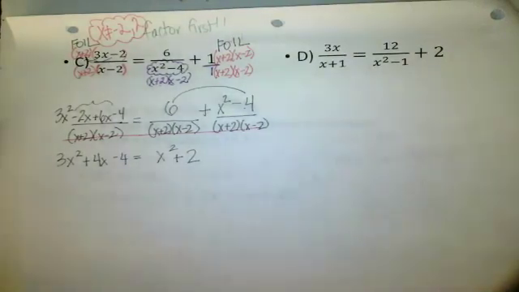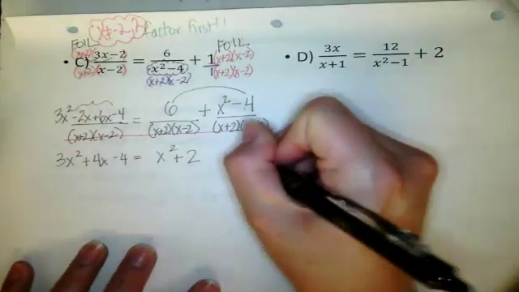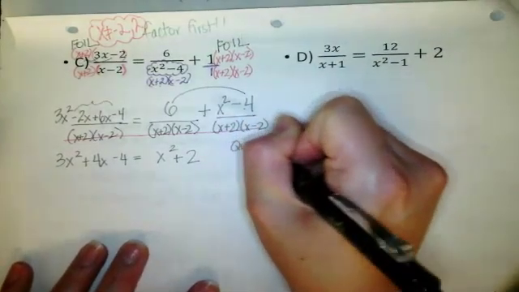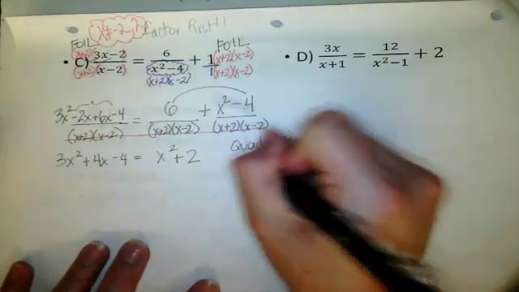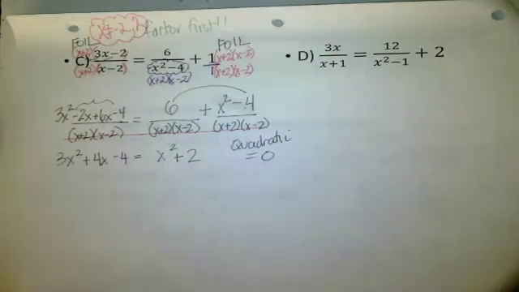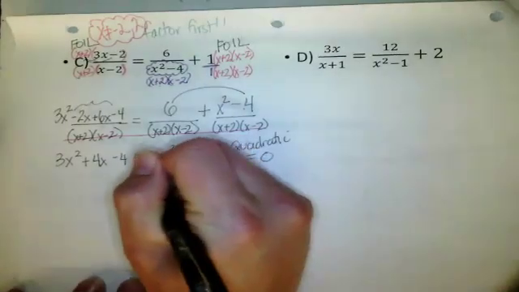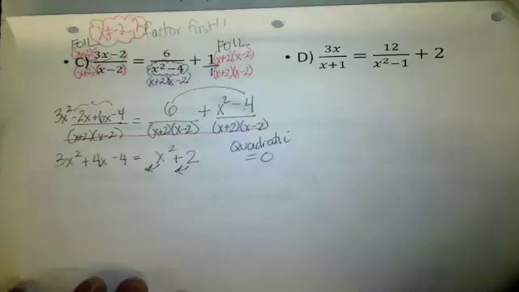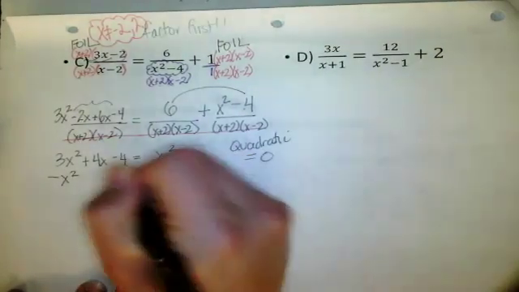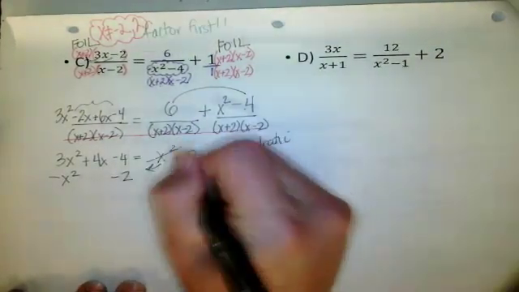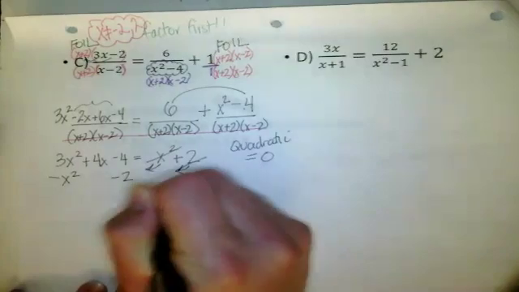Is this a linear or quadratic equation? Quadratic. Quadratic because of the x squareds in there, which means we want it to be equal to 0. So I'm going to move everything over to one side. I'm going to subtract x squared, and I'm going to subtract 2 to move them away.